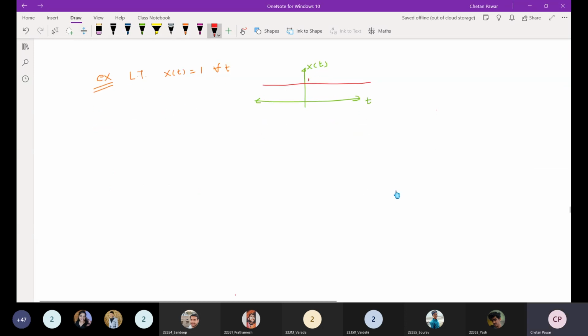If I represent x of t in terms of unit step, that will be the combination of this u of t and u of minus t.